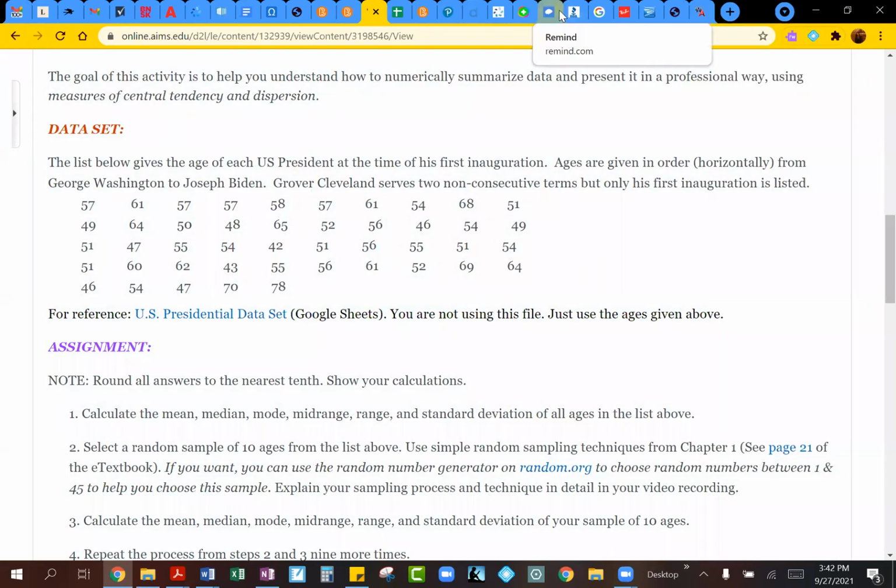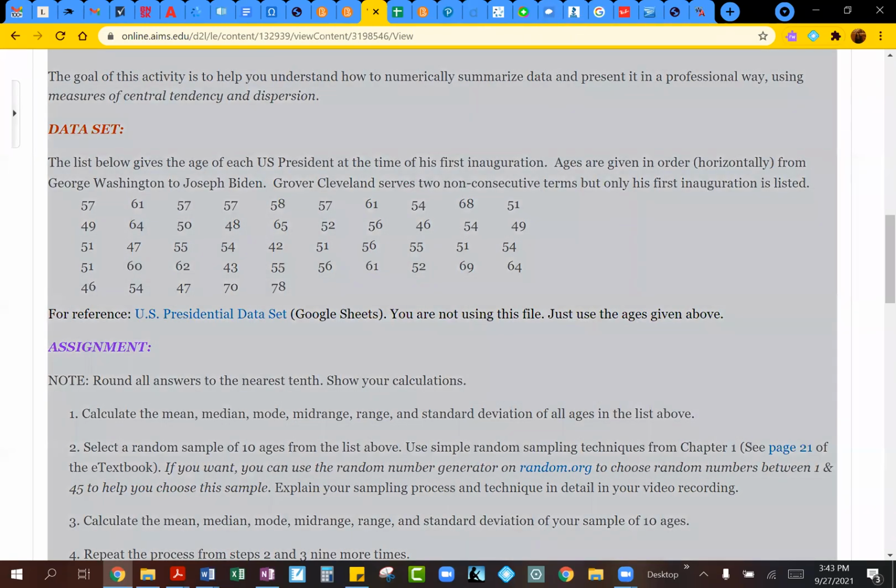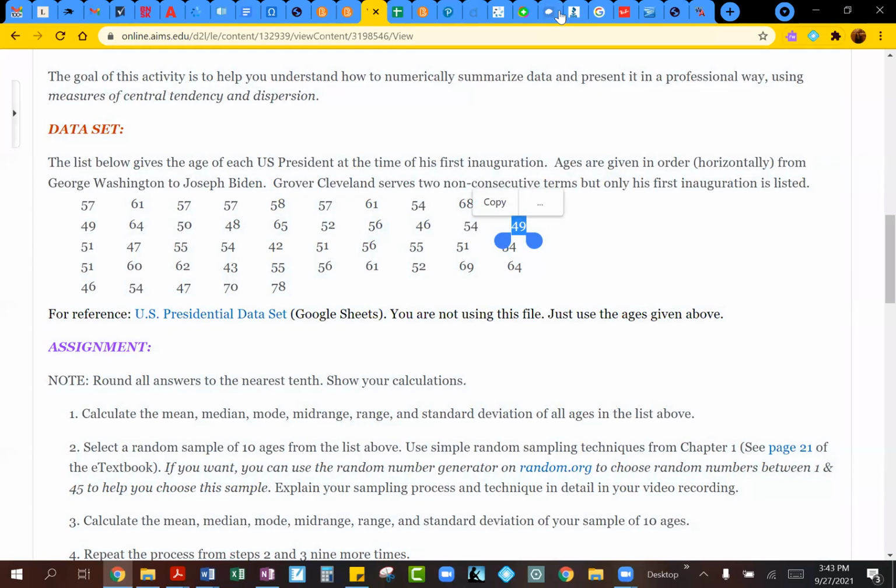Just think about each one of these ages being listed from 1 through 45. So in the random number generator, if you come up with number 20, remember that means you're looking at the age which is in the 20th position. If your random number generator from 1 to 45 gives you 37, then remember you are looking at the 37th age in your set over here, which will be this number 56.